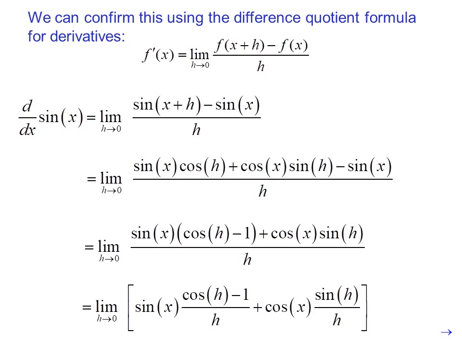Separating the two halves, we get the limit as h goes to 0 of sine x times cosine h minus 1 over h plus cosine x times sine h over h.